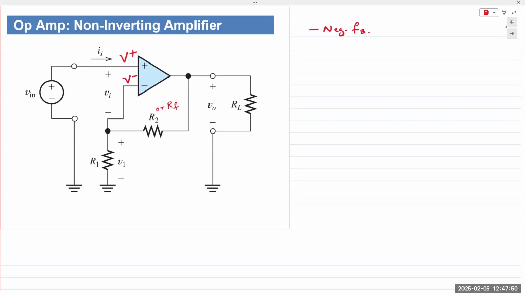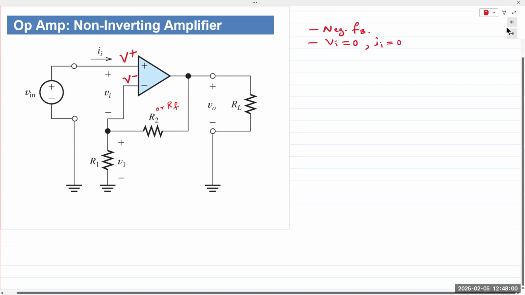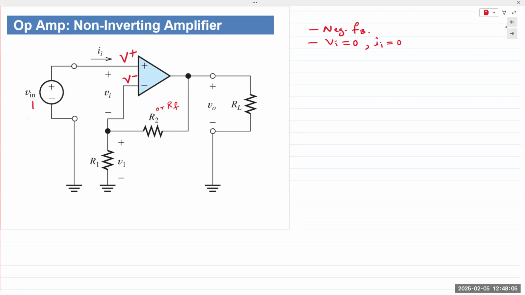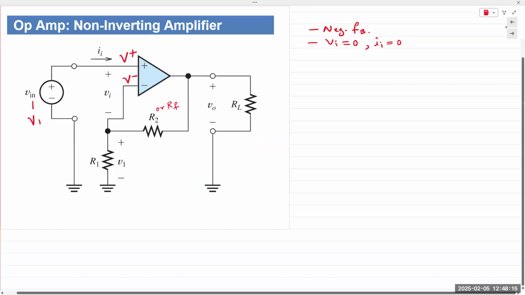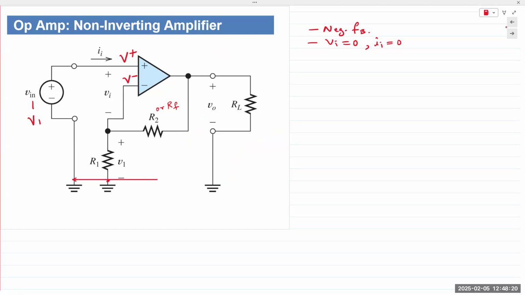And thus VI is equal to 0. And that also means II going into the op-amp is also 0. And V in is equal to 1. The output and feedback loop are right here. This is ground. That means that all three of these are connected together. So let's do it this way.